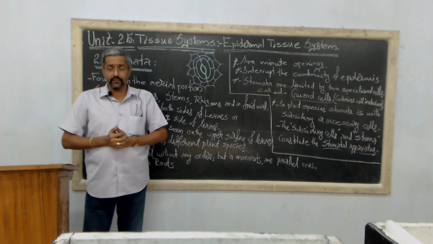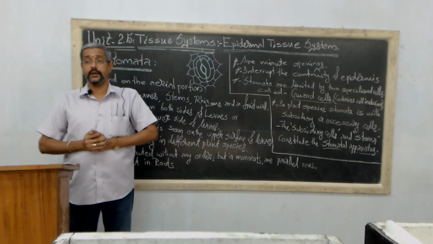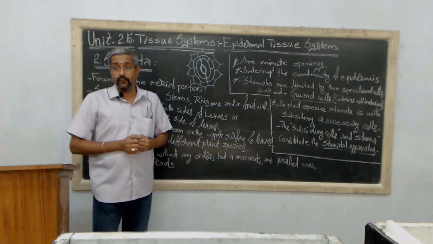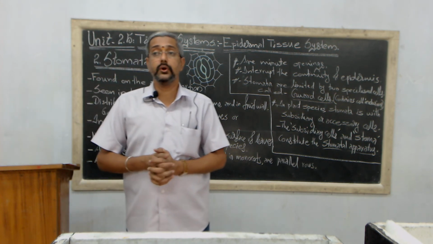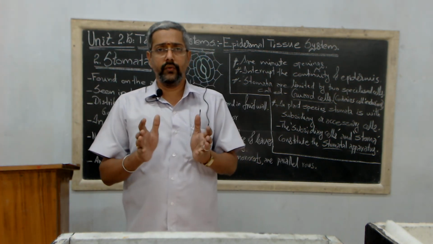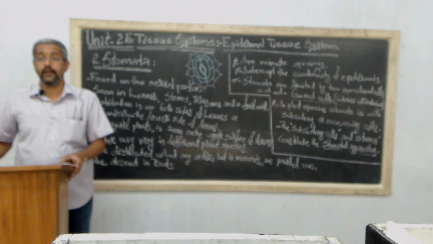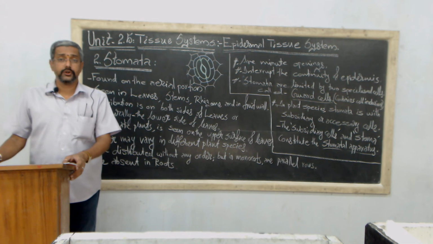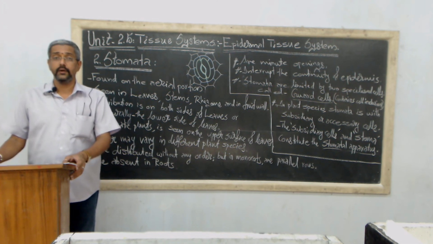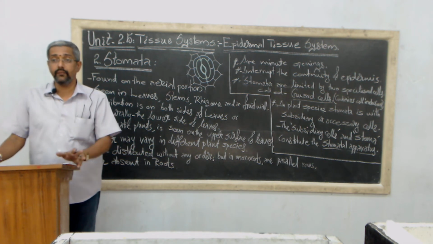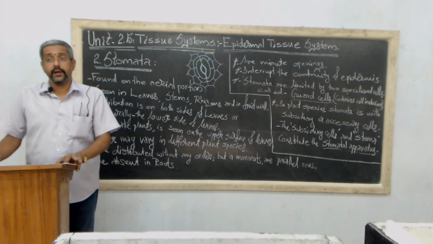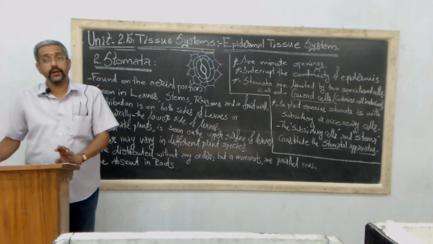At the first level, I mentioned that stomata have a physiological function and are produced along with the epidermal tissue system. Randomly or occasionally, epidermal cells get modified or differentiated into such cells. Why are they formed?